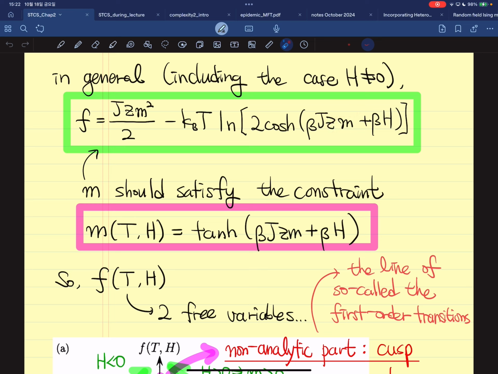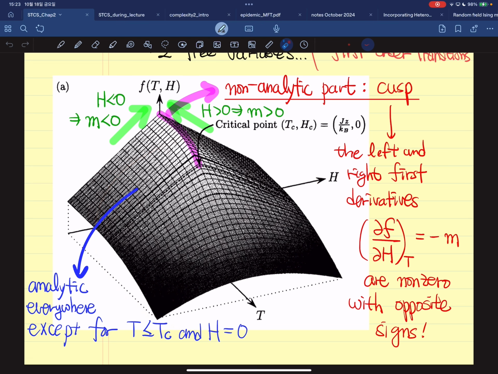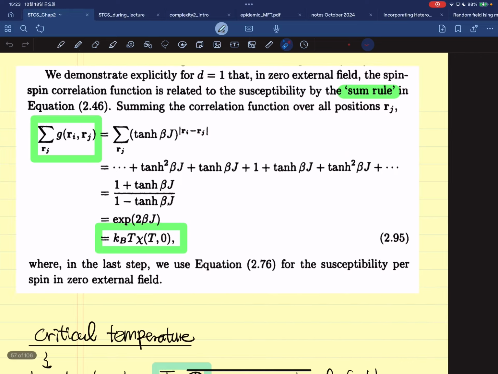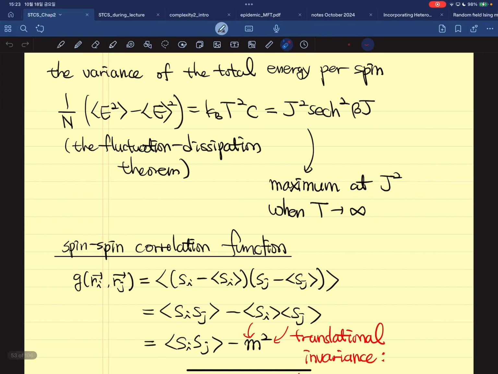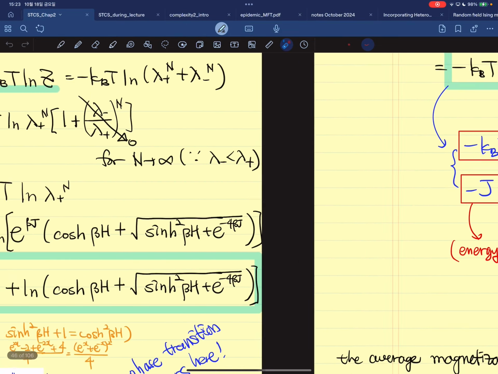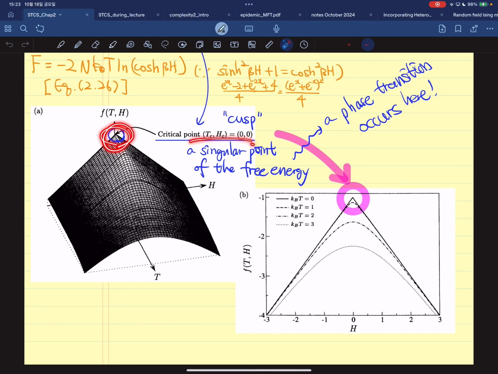I would not calculate everything, but if you calculate all the M values for each T and H variable and plot this, we can plot this landscape of the free energy. The most important point here is that before, for example for the one-dimensional Ising model, the only singular point is this particular point, 0,0.